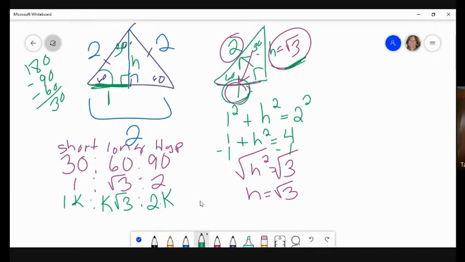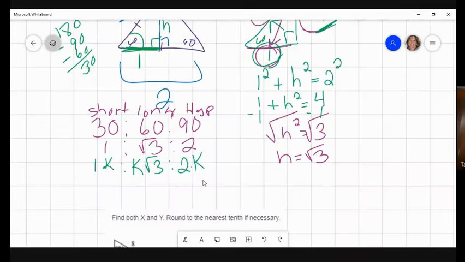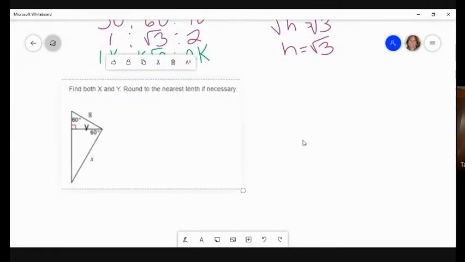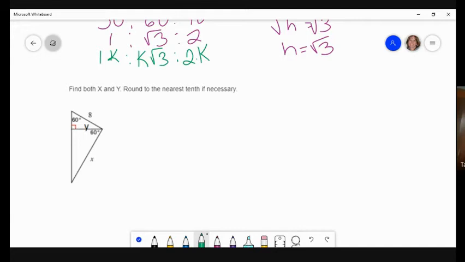Okay. So let's go ahead and look at the last problem on today's, or I guess it was yesterday's actually, yesterday's learning check. Again, I have my ratios up here because both of the triangles that I have are 30, 60, 90 triangles. So we're going to roll with that. If it helps, I can break these up into 2 triangles.